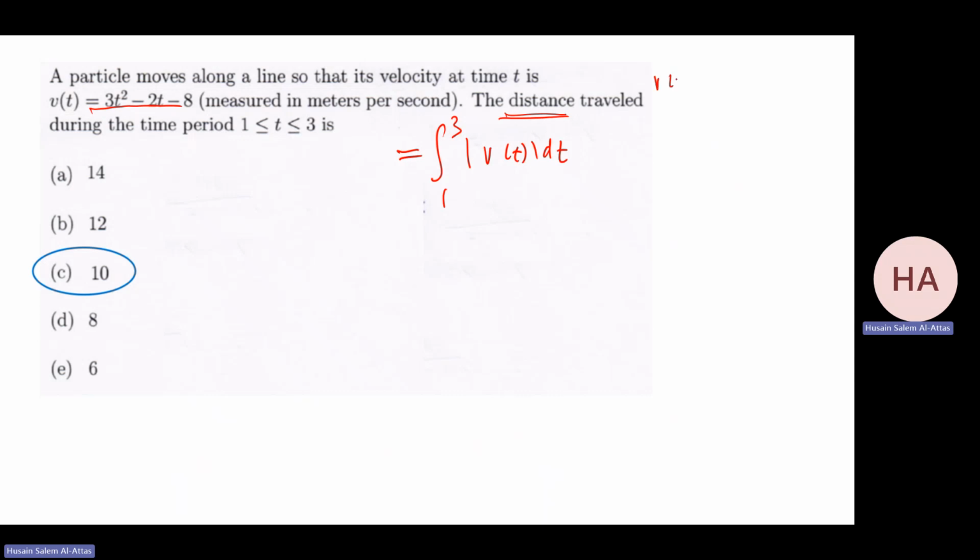I need v of t, it will be 3t squared minus 2t minus 8, which is what? Which is 3t, this is t, 4, to plus 4.